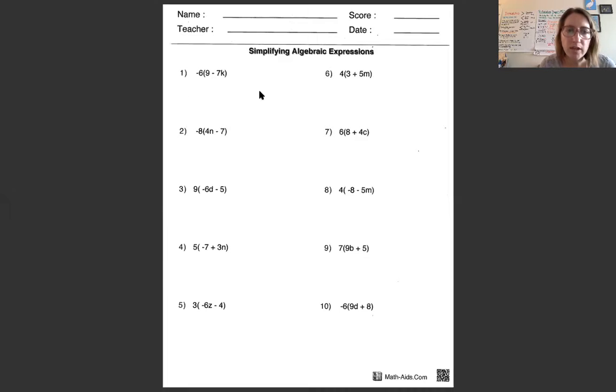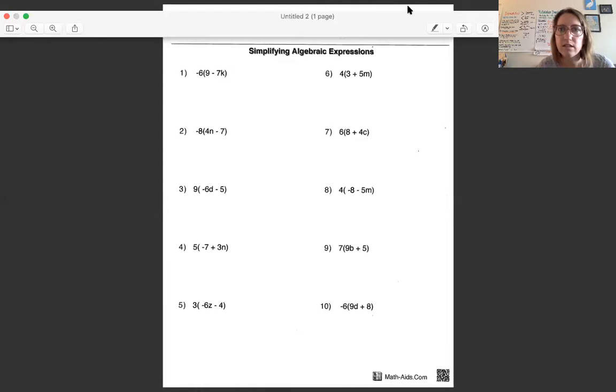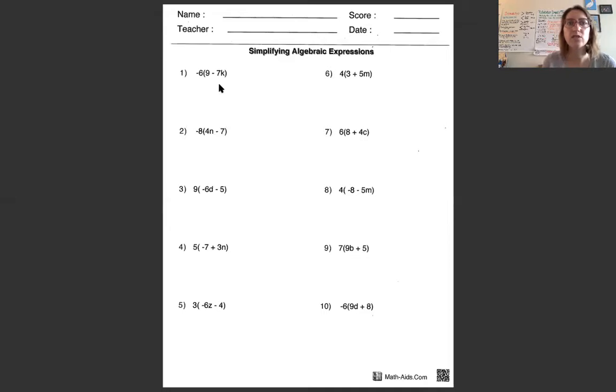So we did this first one together. Okay. So we did number 1 together, and this one ended up being negative 54 plus 42k. And the other one we did is right here, which ended up being 48 plus 24c.